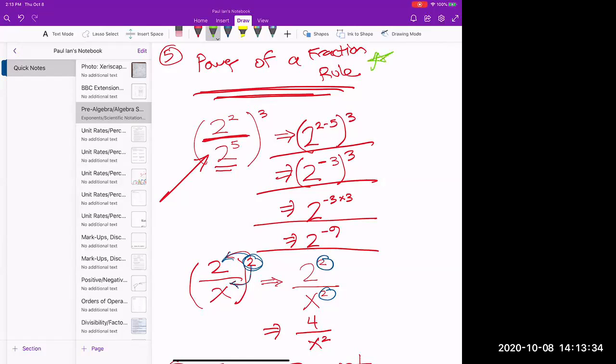So this one, what about this one? Let's try to look at this guy. So 3 squared, and then you had maybe, oh no, I guess we'll do x right here, and then 3 right here. What do you do here?